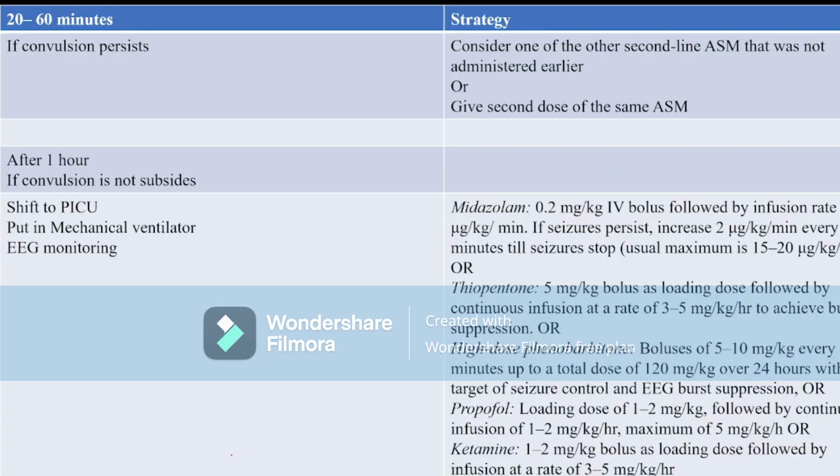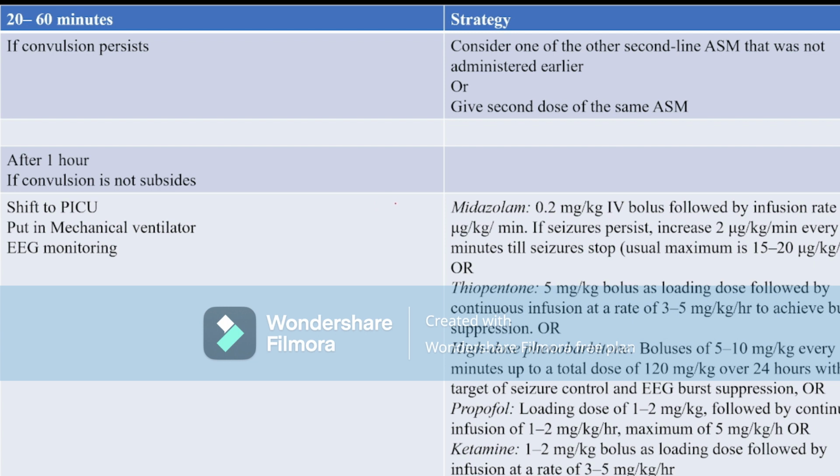So after 20 minutes, that means after giving the second line anti-epileptic over 20 minutes, if the seizure persists, then there are lots of debates and lots of decisions made.